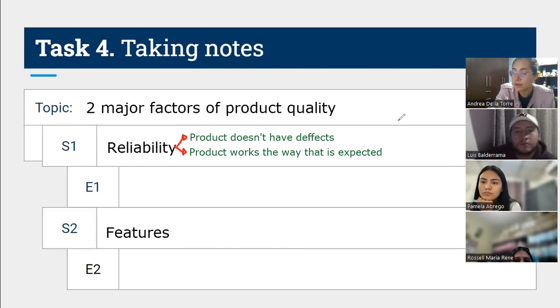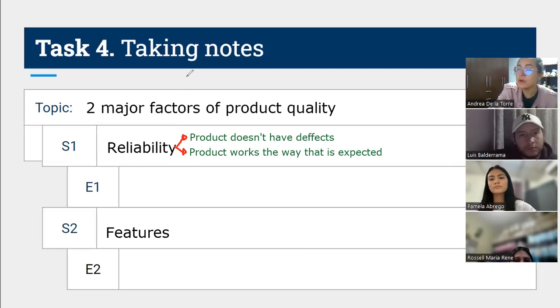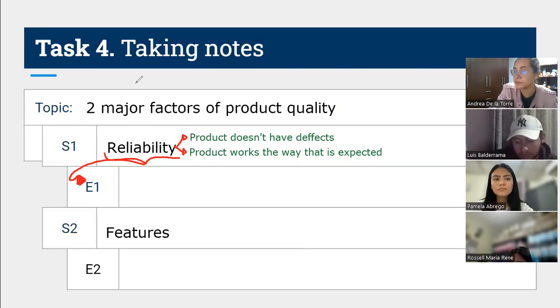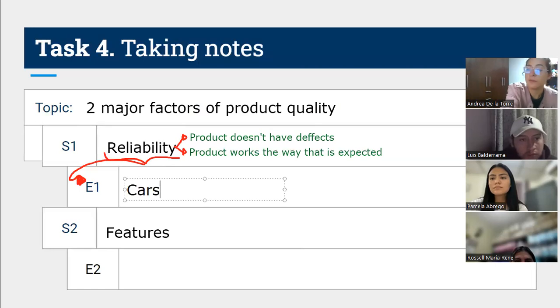Now, we also had an example for reliability, right? This concept was illustrated with an example. So can you tell me what the example was about? What was the example? The professor talked about cars, right?